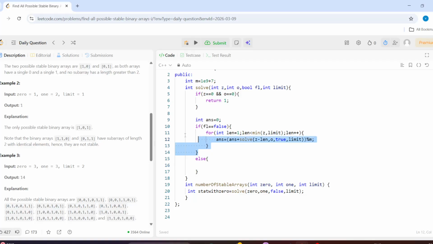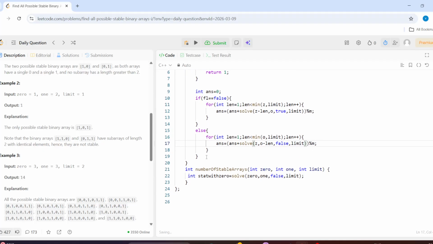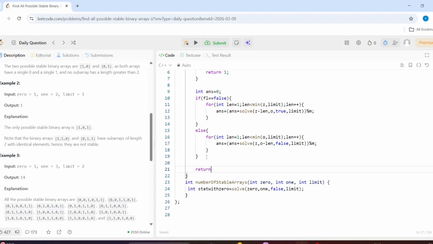Else we have to count 1, we have to add 1. So z will be as it is, o minus len, and here we give false. This will look like this, and at last we will return the answer.